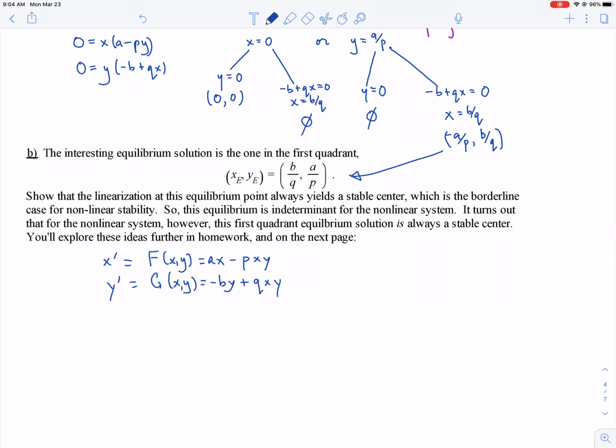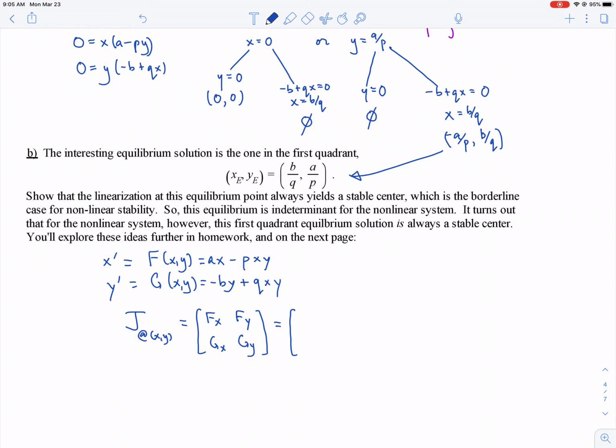Okay, so let's compute the Jacobian at x, y, which is f sub x, f sub y, g sub x, g sub y. It's a good time for you to do it before checking the answer.